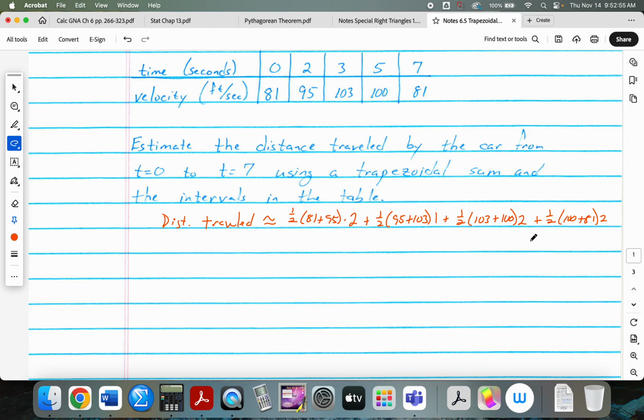You notice it's got a half in all of that. If we were to factor the half out and distribute, you would see that we have both a left and a right sum added together. Sorry, we'll just go ahead and calculate this.